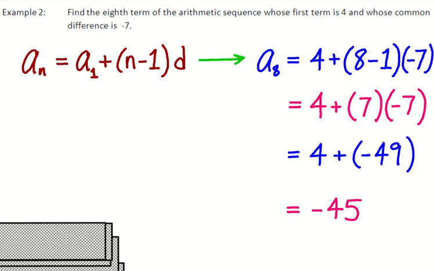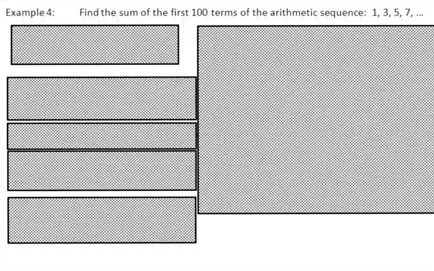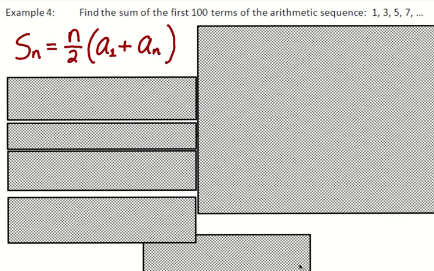Maybe this would have been a better example to find like the 88th term or the 800th term. But anyway, now we're talking the first 100 terms we're adding up. Way more obvious that we need a formula to do this. And it is going to be an arithmetic sequence, so we can use the formula.